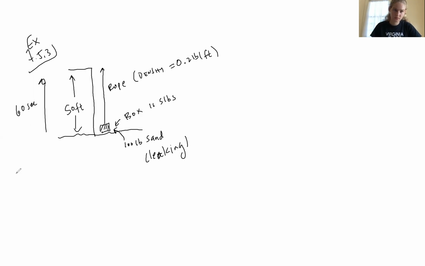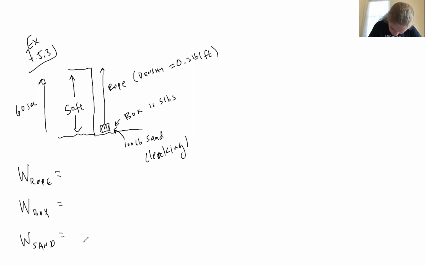So what you're going to need to do is work this out in 3 pieces. Look at the work that you do on the rope, the work you do on the box, and the work that you do on the sand. And then you're just going to add them up. So we'll figure out what those 3 things are, and then we'll just add them up.